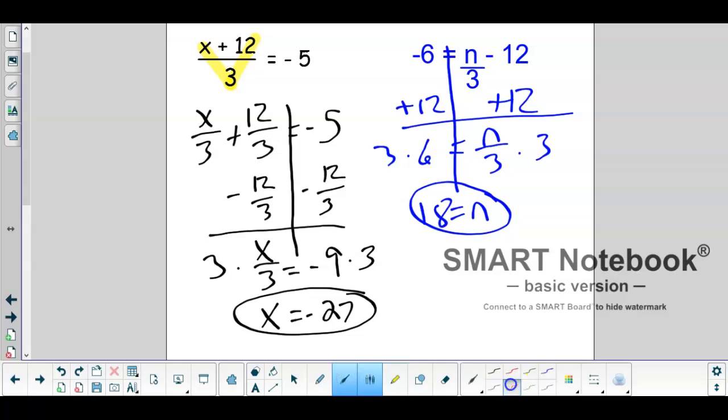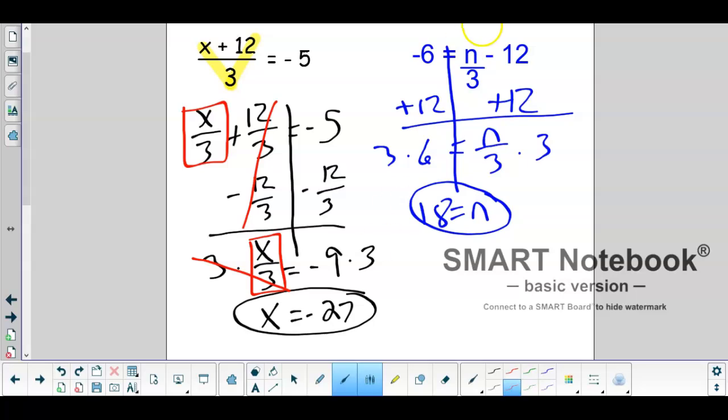The first mathematical step I did was I got rid of my plus 12 over 3 by subtracting 12 over 3. -5 minus 12 over 3 would give me -9 as my answer. I drop down my x divided by 3 right here. If I have x divided by 3, the opposite of dividing by 3 is to multiply by 3. And again, to get my answer, I would do -9 times 3 and get -27.